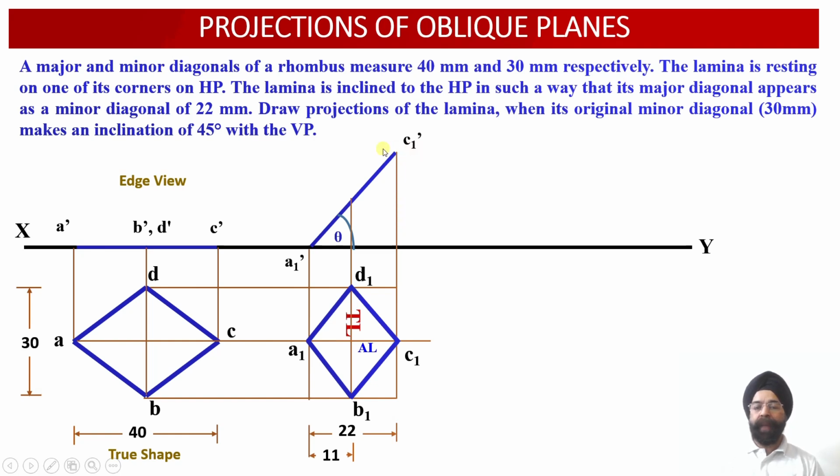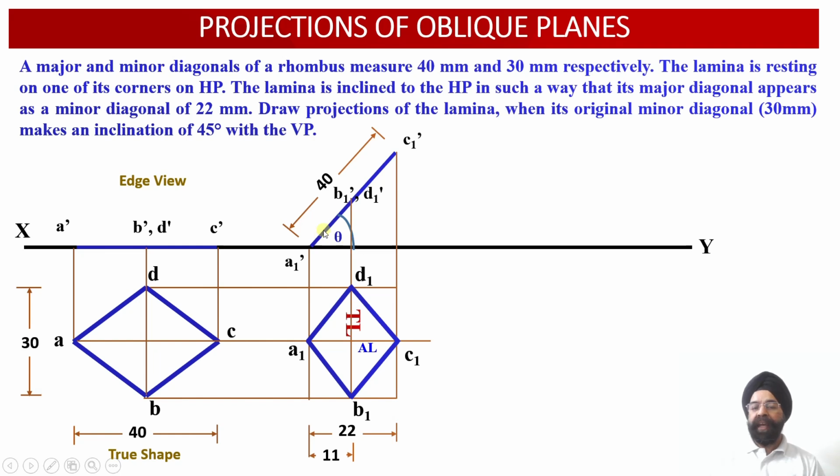So once we obtain this distance of A1 dash and C1 dash equal to 40 millimeter, we will be able to locate the angle of inclination of this true length of the major diagonal with respect to the horizontal plane.